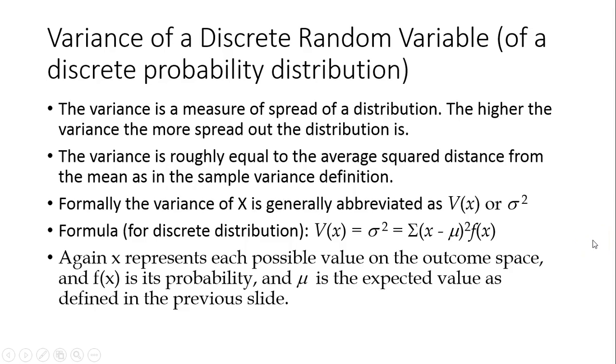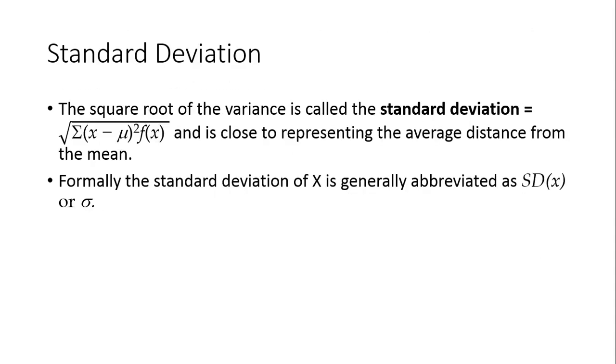Again, x represents each possible value of the outcome space, f of x is the probability, and mu is the expected value, okay? The standard deviation is again just the square root of the variance, the same as before, okay?